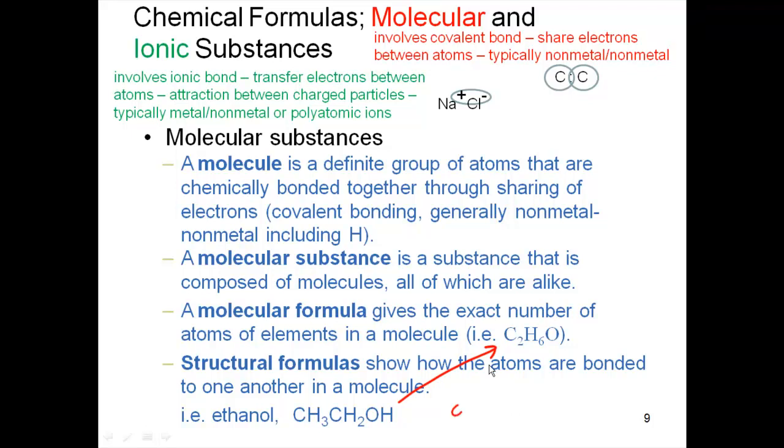I have a carbon with 3 hydrogens around it, attached to another carbon which has 2 hydrogens, attached to an oxygen, attached to a hydrogen. That tells me more information about how this is put together. As I said, in organic chemistry, things will tend to be written in structural formulas more than we do in our general chemistry.